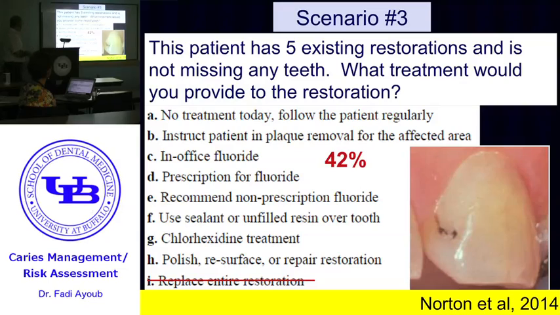For scenario number 3, definitely no replacing the entire restoration, which all of you agreed on, which is really good. 42% of the dentists that were surveyed said they would replace the entire restoration.